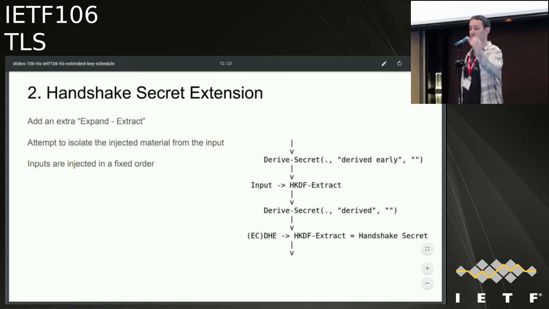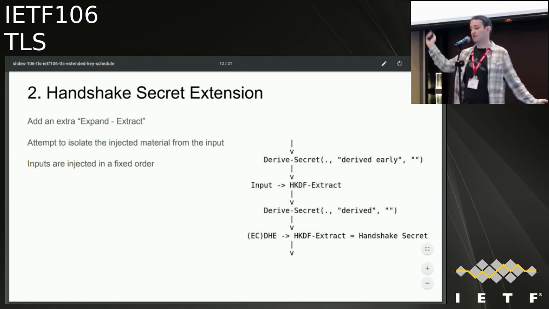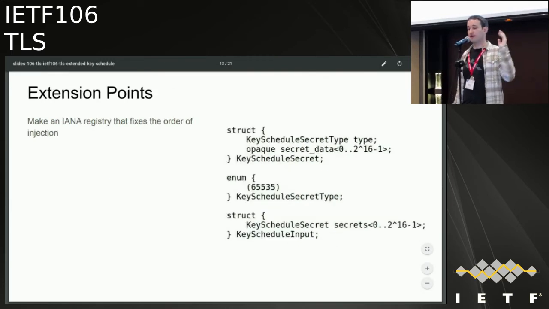You have an extra derived secret and an extra HKDF extract, which is an extra expand and extract. And the idea is that this will isolate the injected material from the rest of the handshake. And the inputs are injected in a fixed order. We'll have an IANA registry that says, this goes first, this goes second, this goes third.